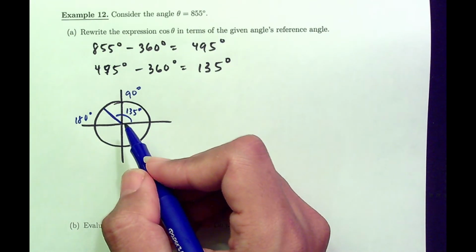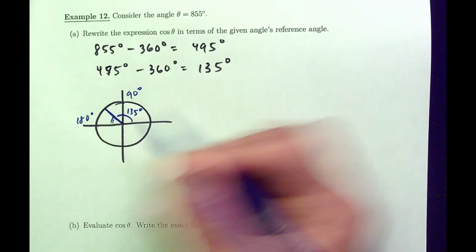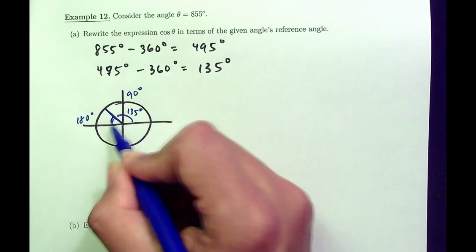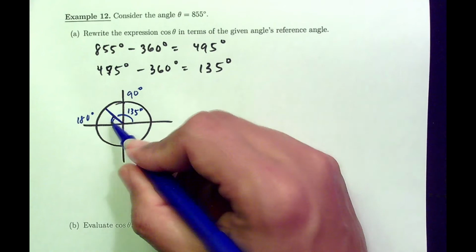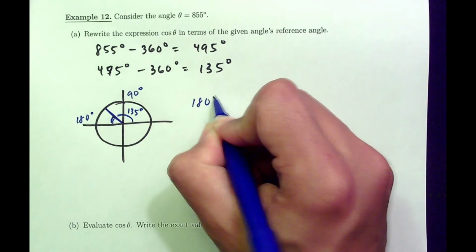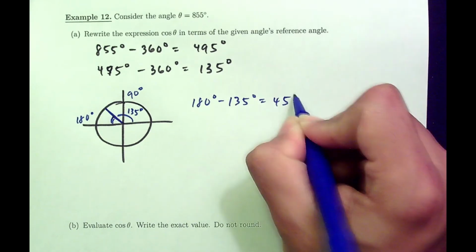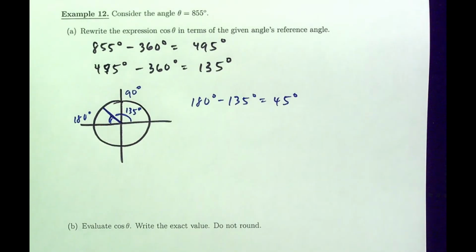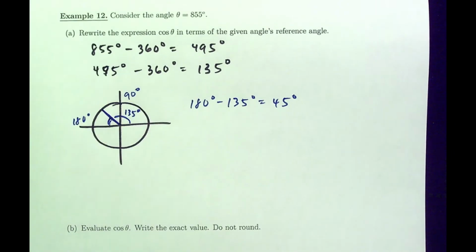The smallest angle is this one in this case. And what is the measurement of that little piece over there? Well, it should be 180 minus 135, which is 45. So the reference angle is 45. This is the reference angle of both 135 and the original one, 855, because both have the same terminal side.